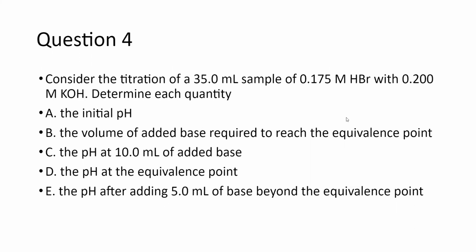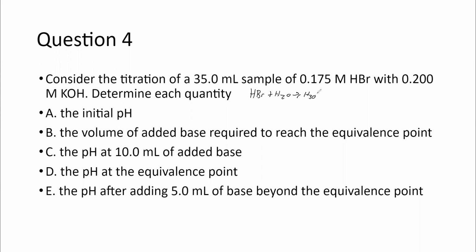So question 4, it's the same as question 3 in that we have strong acid and bases, but we're doing the reverse now. We start with a strong acid and then we're titrating with base. So right now we just have HBr in solution. That's a strong acid. It's going to react with water, make H3O+ and Br-.